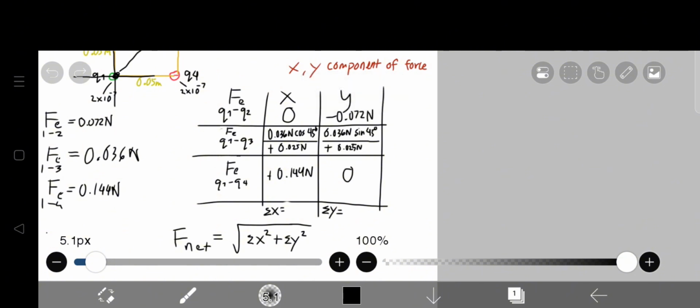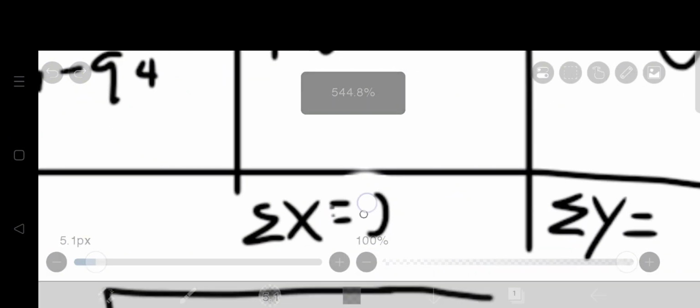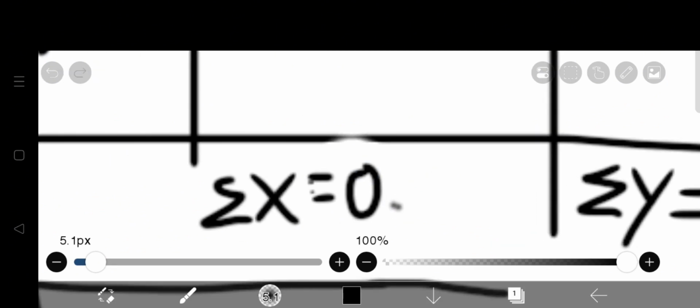Okay, so since meron na tayong mga values for our x's and y's, kunin naman natin yung summation ng x's and y's natin. So, for the x, add lang natin yung 0.025 newtons and 0.144 newtons. So, the answer would be 0.169 newtons.